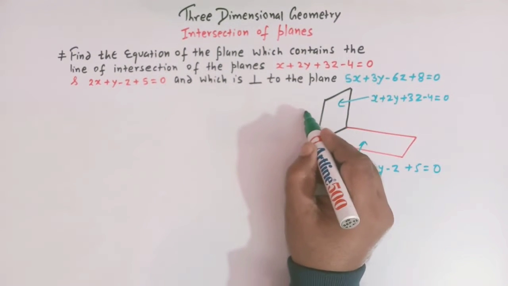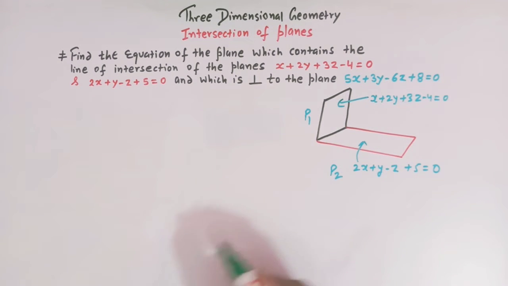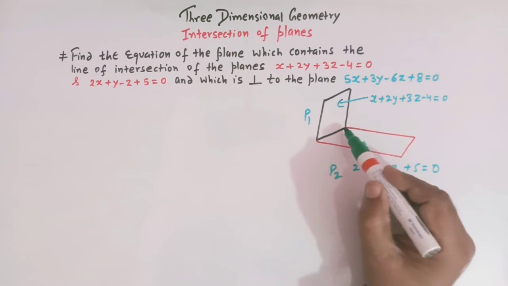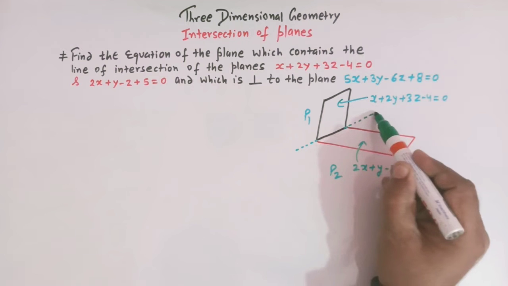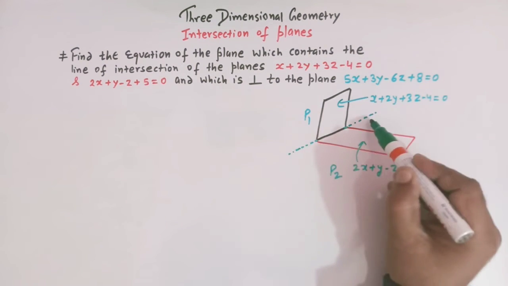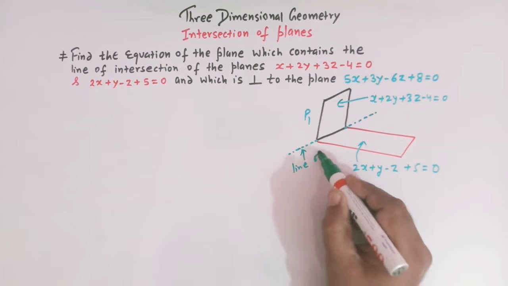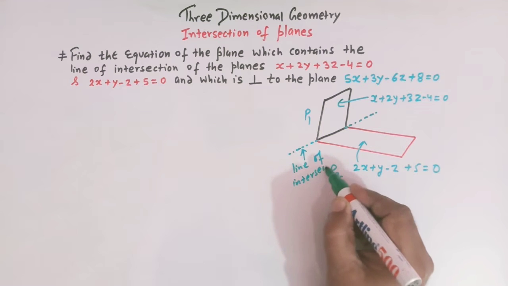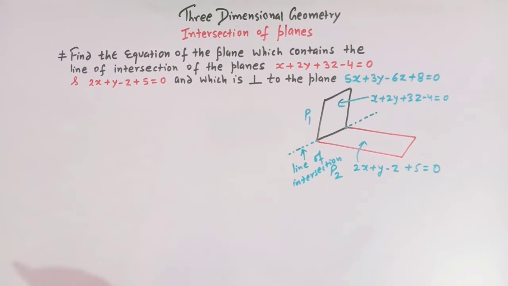So we are given two planes P1 and say P2. And these two planes intersect at a line which is given like this. So this dotted line is the line of intersection of these two planes P1 and P2.